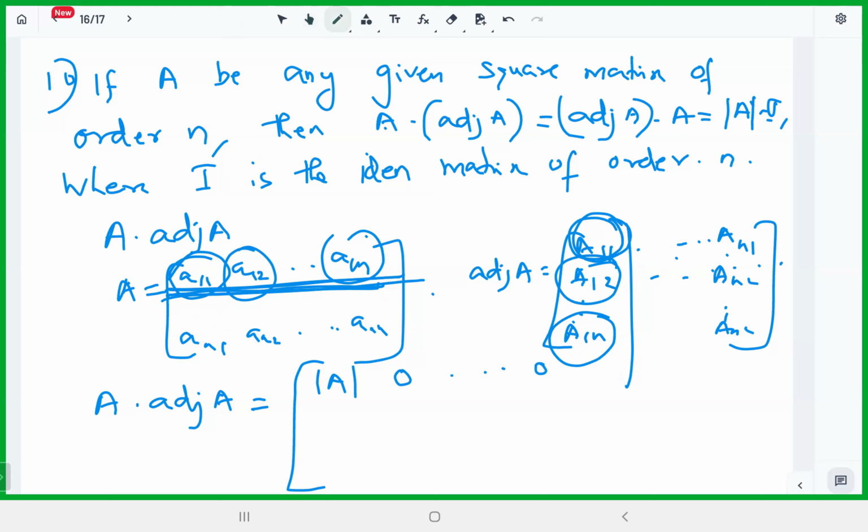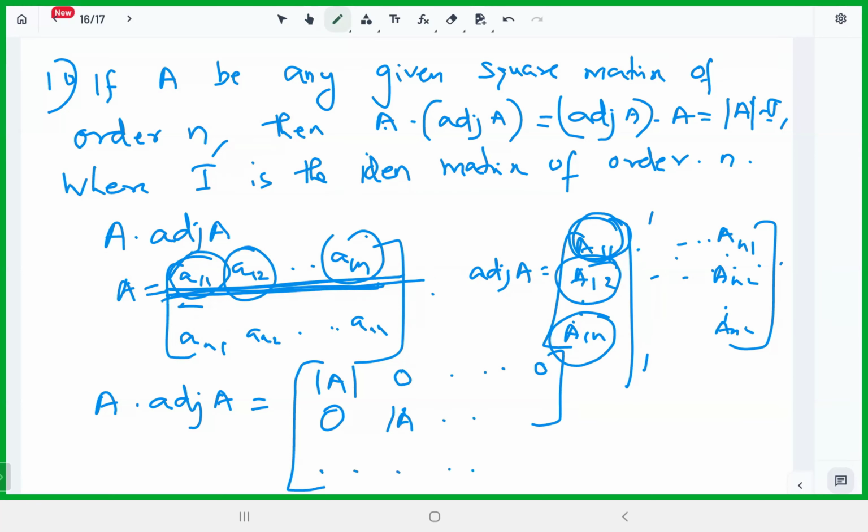So the first will be 0. And what happens to the second element? The second row into the second column means these are the cofactors of the second row itself, so it will be the determinant. All other elements will be 0.